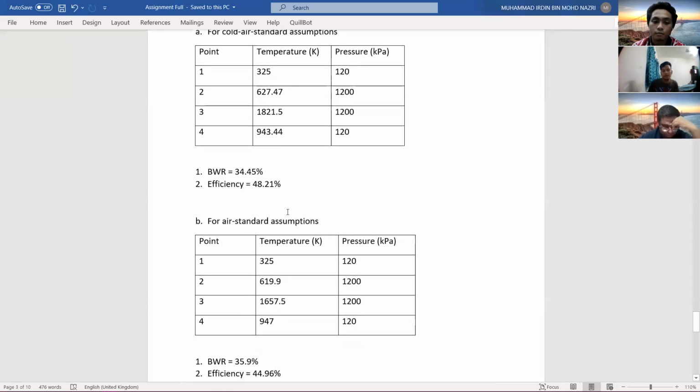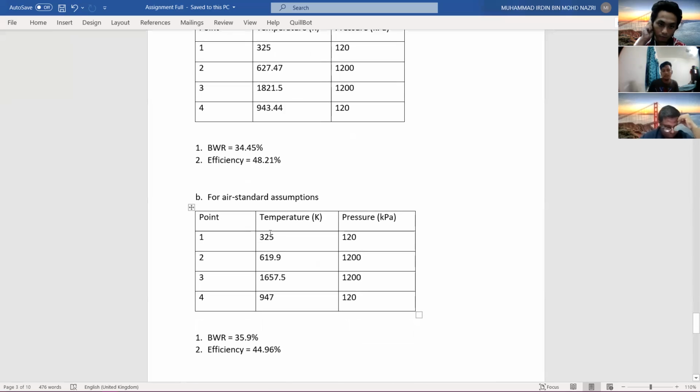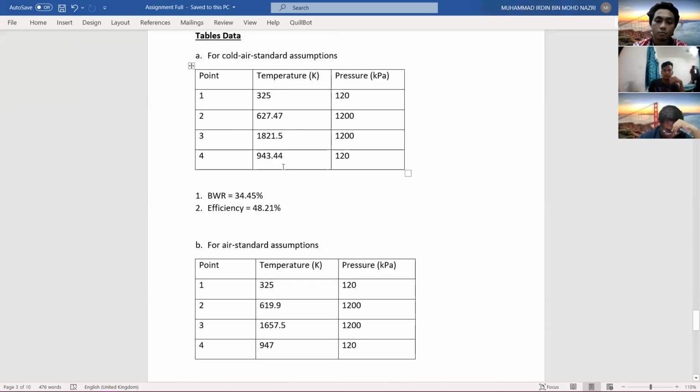The back work ratio is 34.45% and the efficiency is 48.21%. For the air standard assumption, point one starts at a temperature of 325 Kelvin and a pressure of 120 kilopascal. For point two, the value is slightly different from the cold air standard assumption, which is 619.9 Kelvin, but the pressure is the same, 1200 kilopascal.